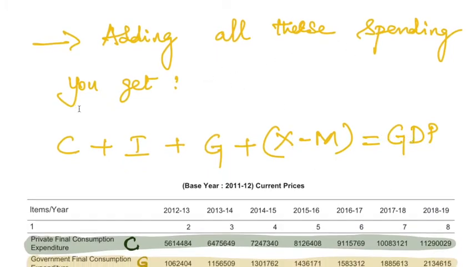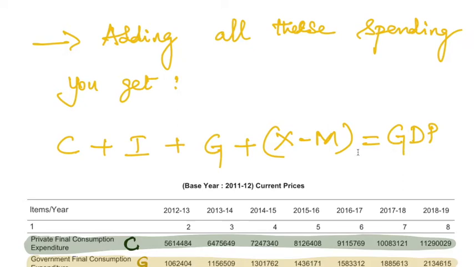So you have C plus I plus G plus X minus M, where X minus M is net exports, the difference of exports minus imports. So you get the country's GDP. By looking at the country's GDP, you can understand how the economy is doing, whether it is doing well, whether its GDP is growing or declining, and all these things.